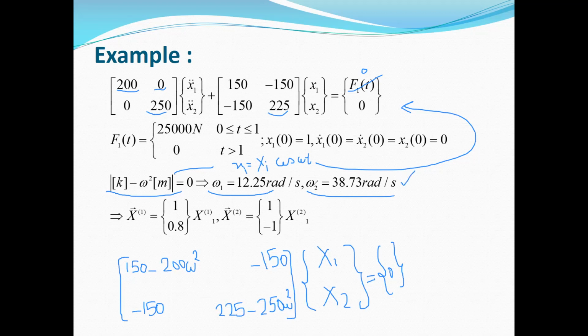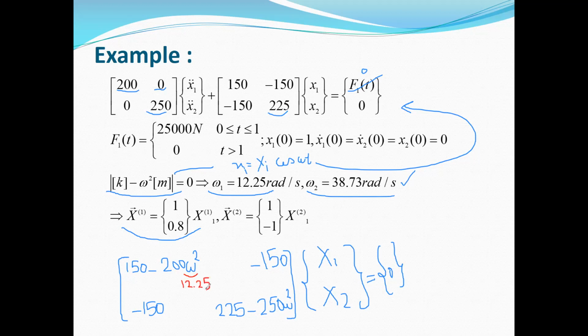But now we have omega 1 and omega 2 and we want to obtain the mode shapes. Here, to find the first mode shape, we substitute omega equal to omega 1. For example, in the first equation, instead of omega, I will substitute 12.25.